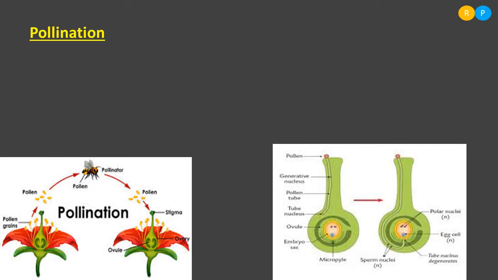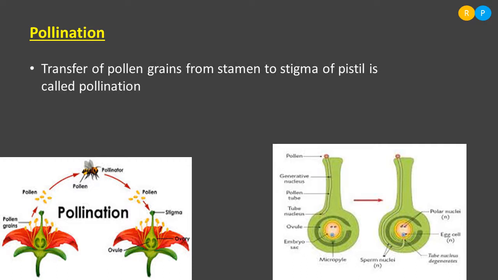Without that, fertilization does not occur, right? Because the pollen grain is present in the anther and the ovule contains the female gamete, there is a need to transfer the pollen grain towards the female sex organ. So that process we call pollination.